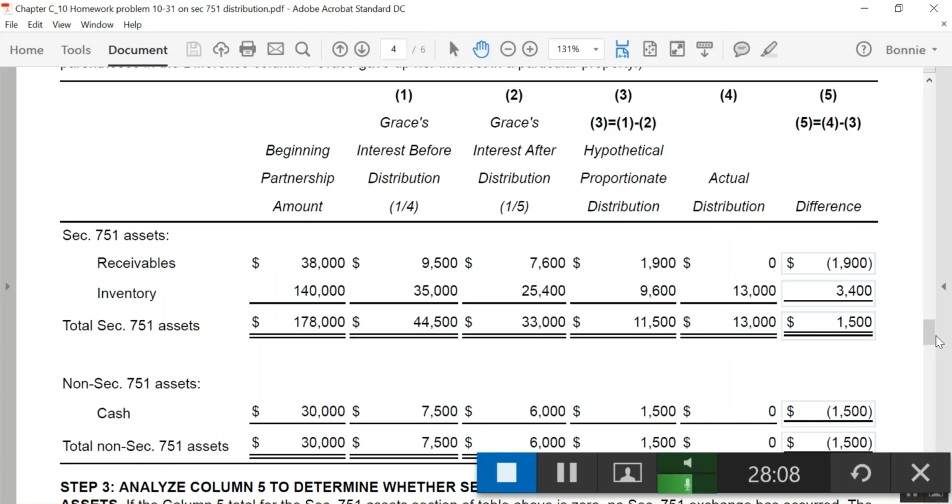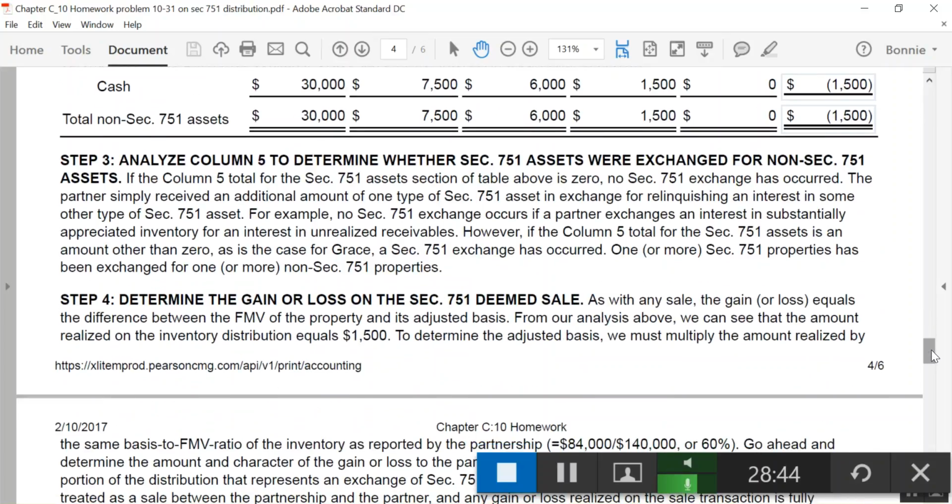You would just go back to your regular rules of distribution and look at whether she had enough basis to absorb the bases of the property being distributed, and if she did, you would just reduce her basis in the partnership interest by the basis of the property being distributed, and she would take basis in any non-cash property distributed equal to the basis that the partnership had in that property distributed, and so forth and so on, right? You would just follow the same rules. But in this case, it's not 0. So if it's not 0, then you know that a 751 exchange occurred.